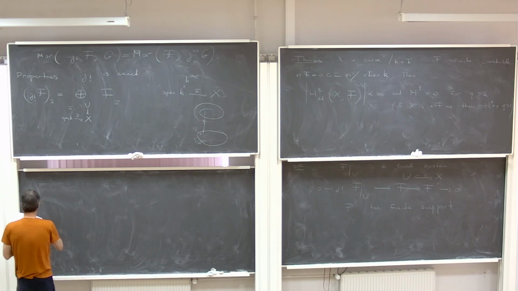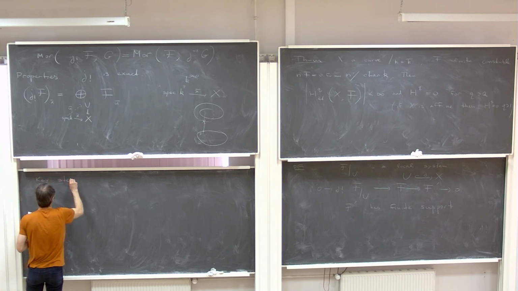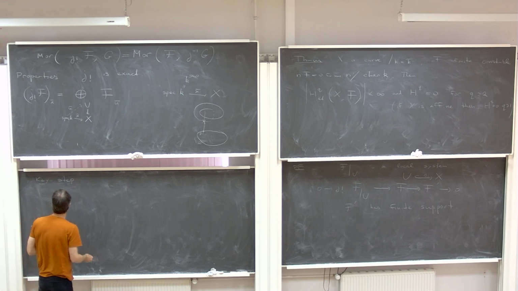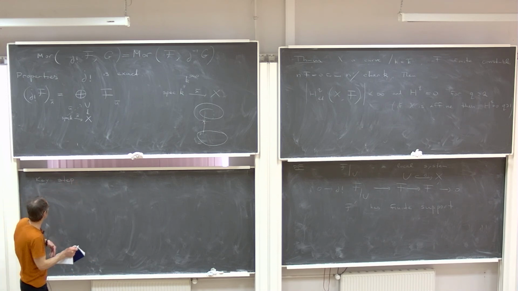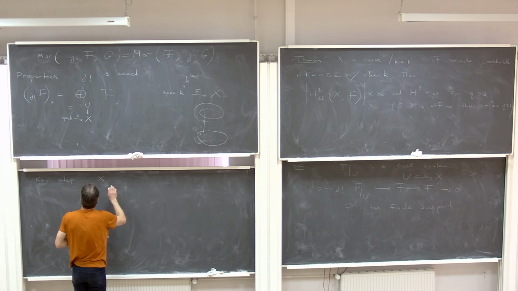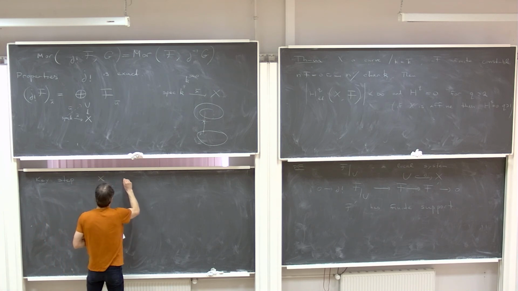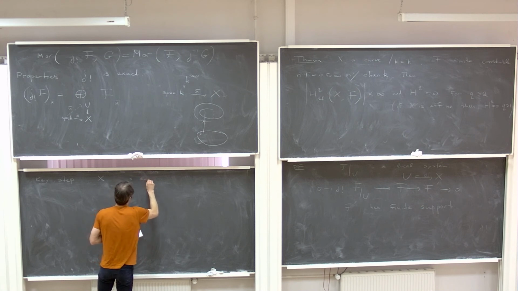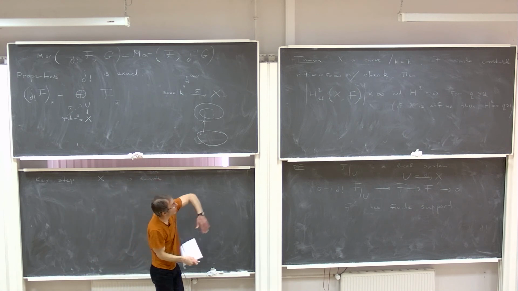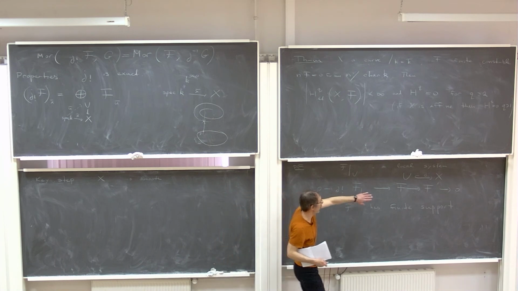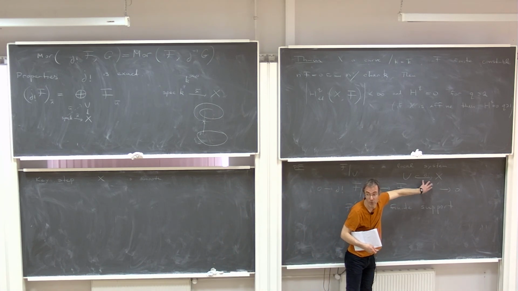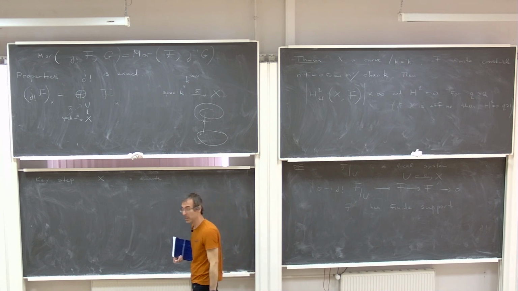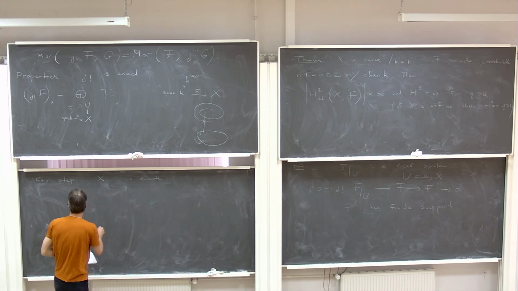You need a little bit more work to reduce to the case when X is smooth. Otherwise, you pass to normalization, and again you use that the result is true for sheaves supported at finitely many points. So X is smooth.